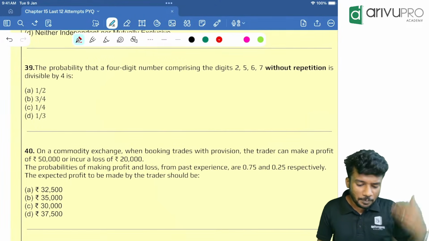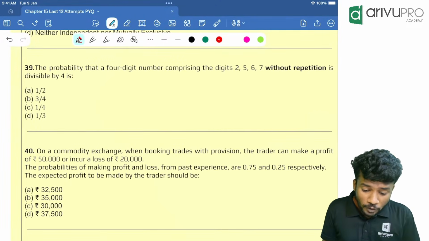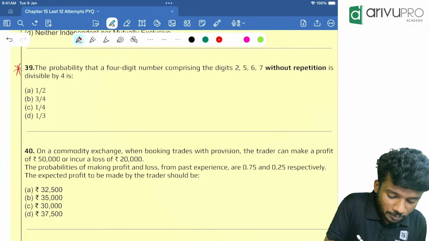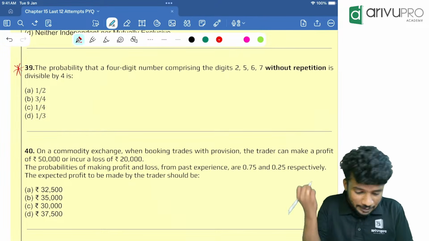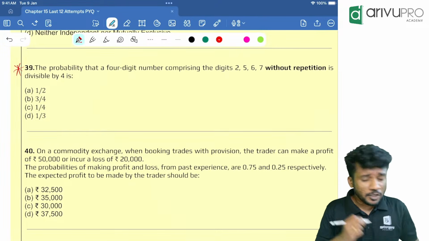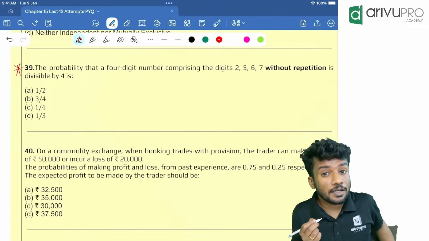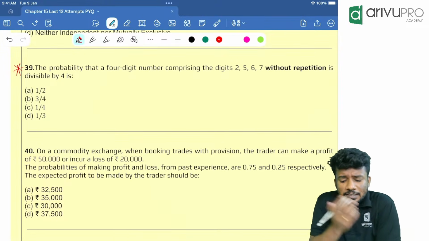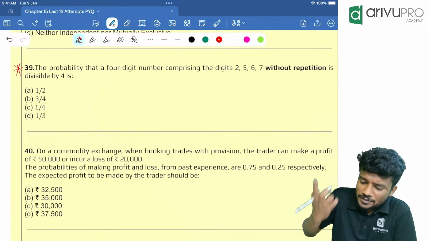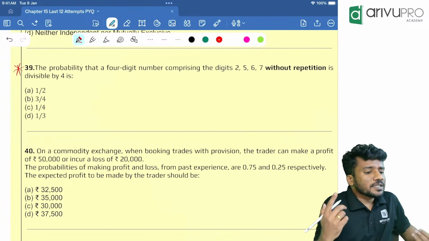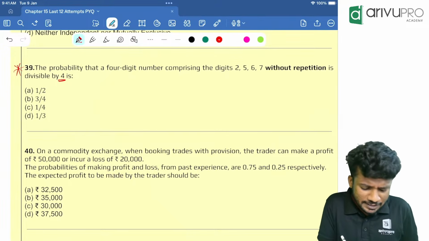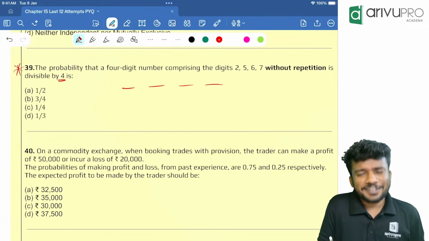Next one: the probability that a 4-digit number comprising the digits 2, 5, 6, 7 without repetition is divisible by 4. It's a very good question. It was there in the mock test and model test papers in multiple previous years, so there is a high chance that this question can come again. People, 4-digit number, how many digits are there? 4 digits.